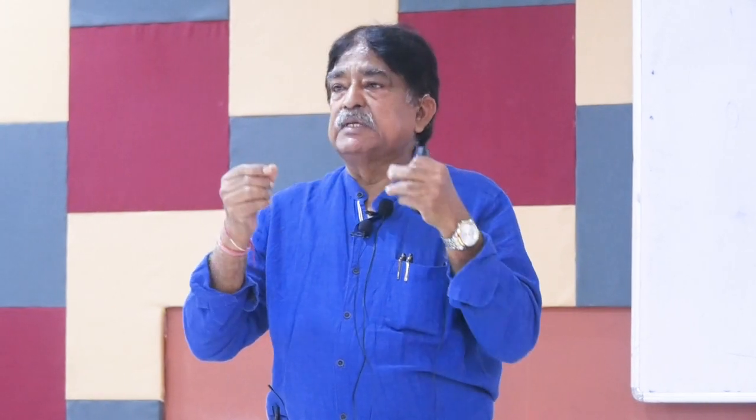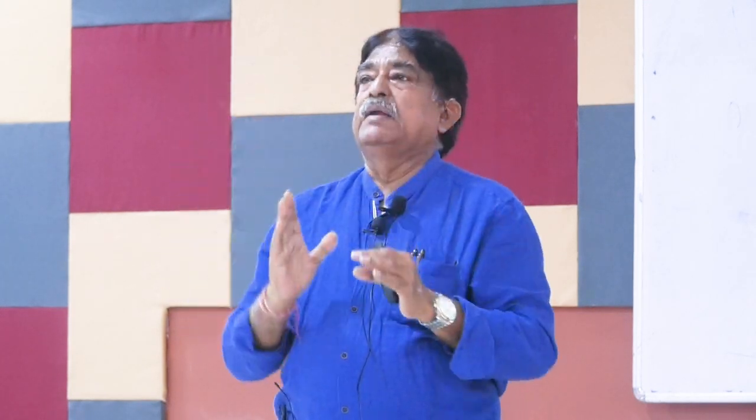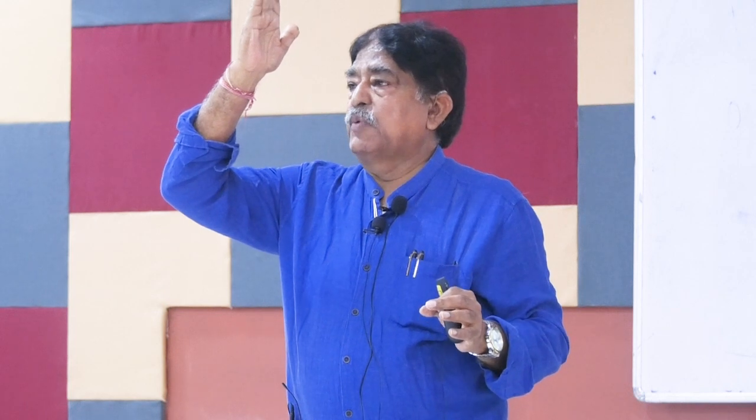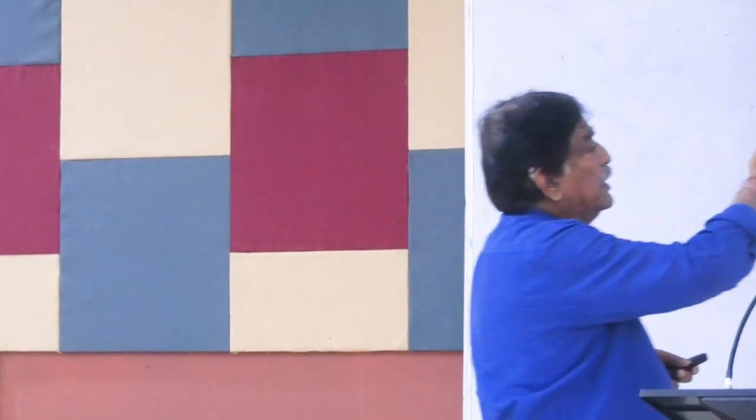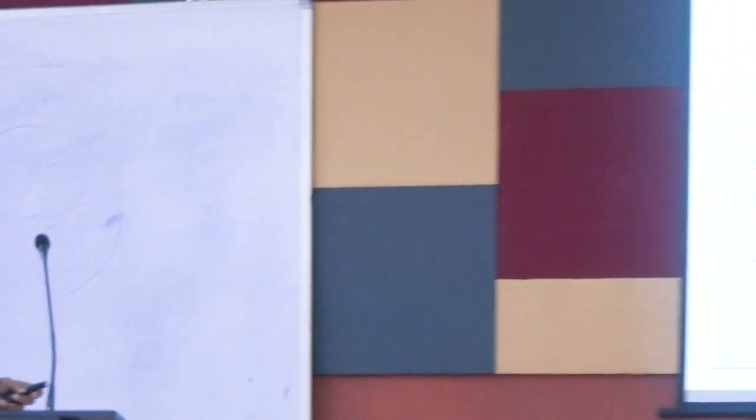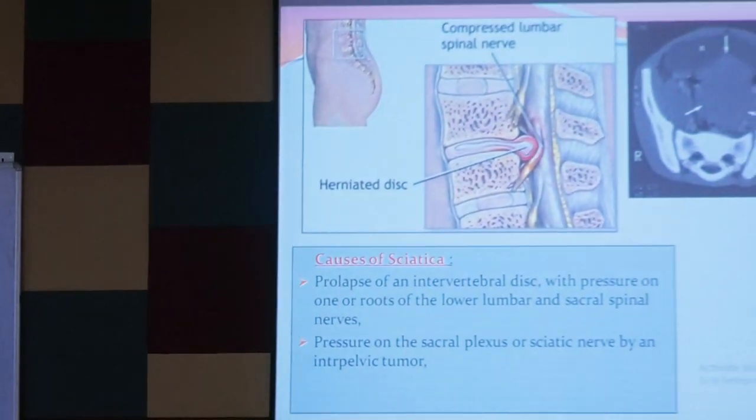I won't say it is complete disc prolapse, but this is a cushion between the two bony structures. There are some ligaments, as you progress you will see, then we get an erect posture. Now, with this herniation, it is the prolapse of the intervertebral disc with pressure on the roots of the lower lumbar and sacral spinal nerves.